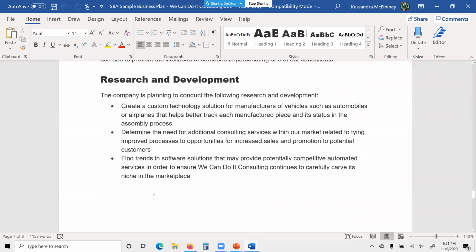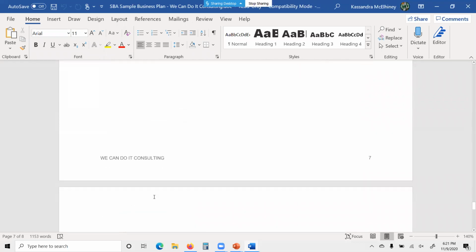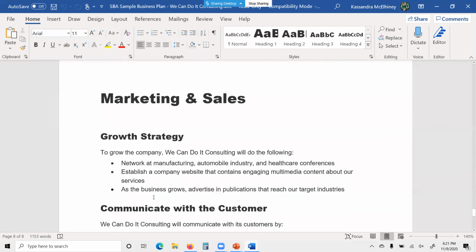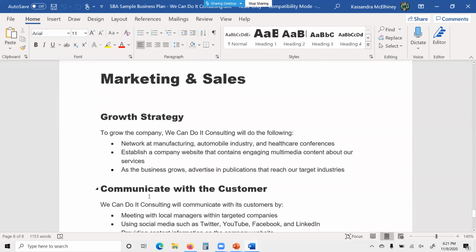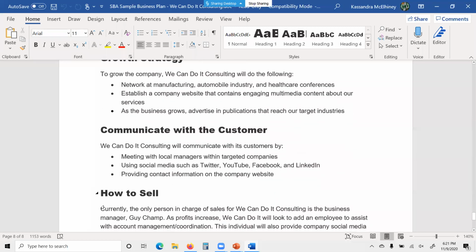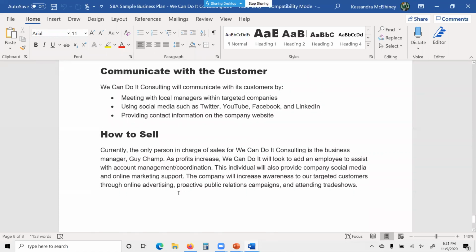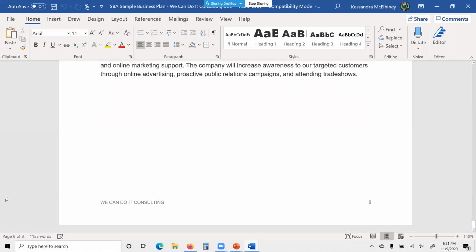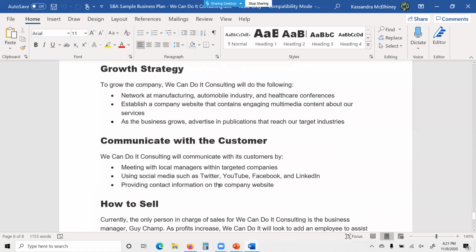A little bit more about some of the research they're going to be doing, their marketing and sales strategy, how they plan to grow, how they plan to communicate with the customer. And that's about it.